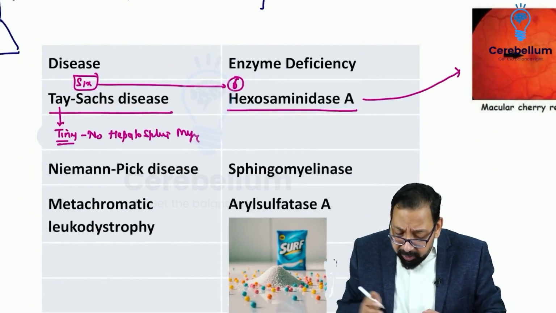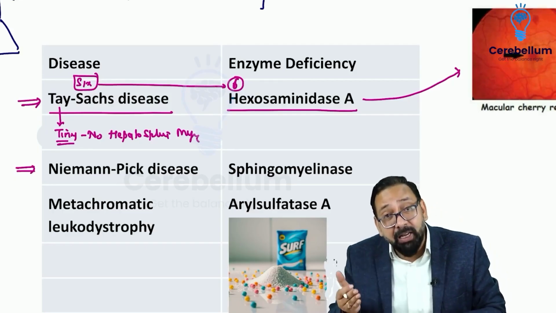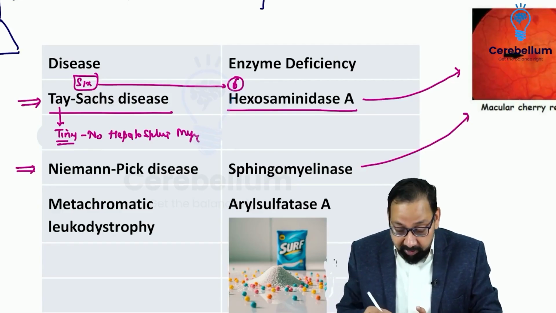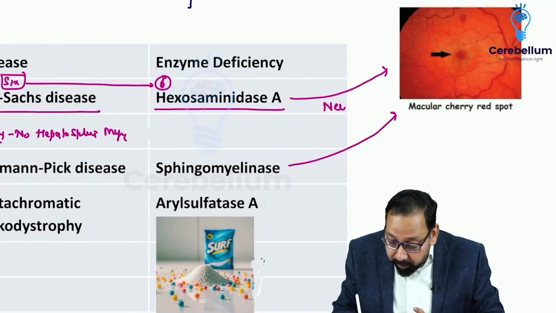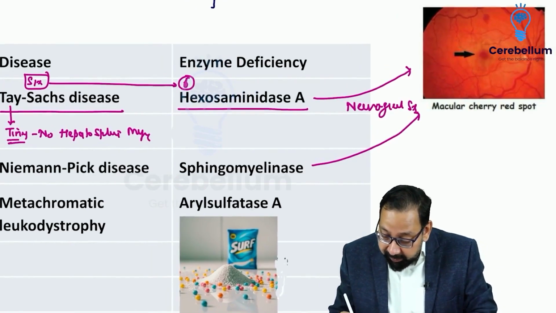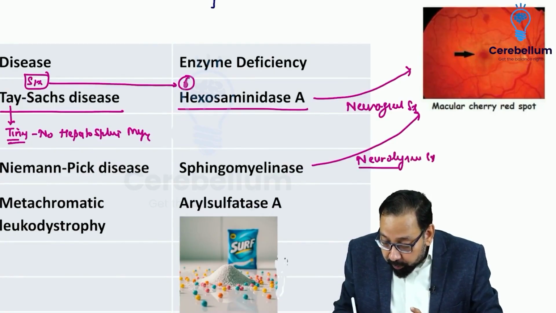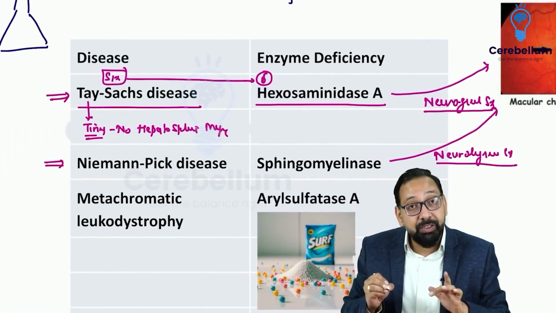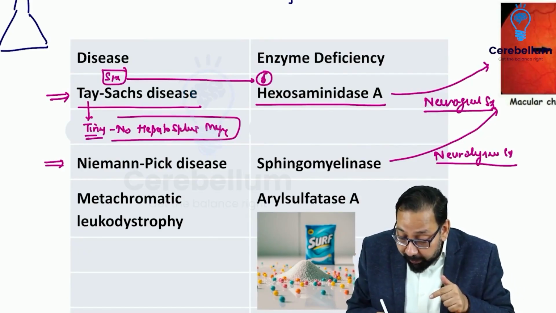So I have discussed Tay-Sachs disease here, and at the same time I am taking Niemann-Pick disease again. In Niemann-Pick disease there would be a cherry red spot, just like Tay-Sachs disease. In Tay-Sachs disease, there are neurological symptoms. In Niemann-Pick disease, again there are neurological symptoms. So how will you differentiate? Sometimes a clinical question is asked and they want you to differentiate. Yes, Tay-Sachs, tiny organ, no hepatosplenomegaly.